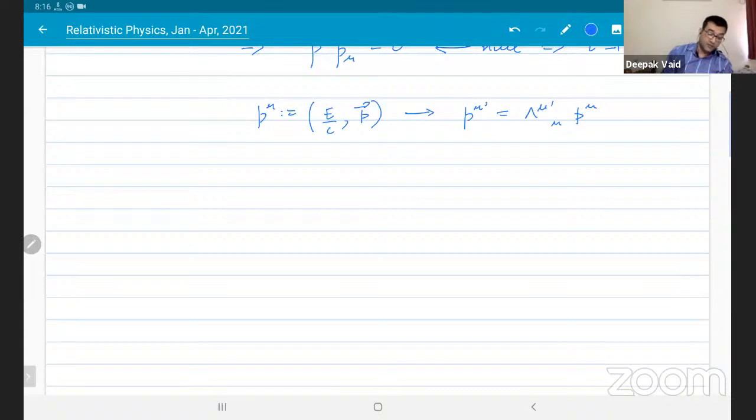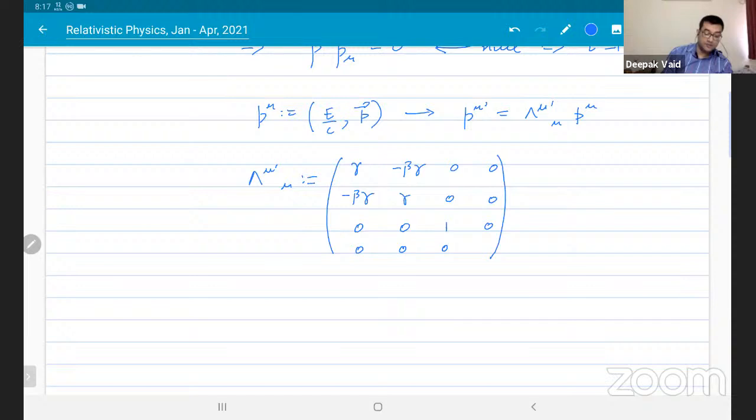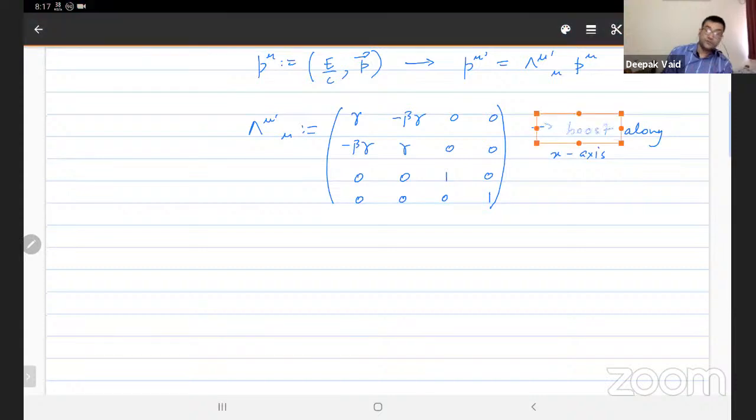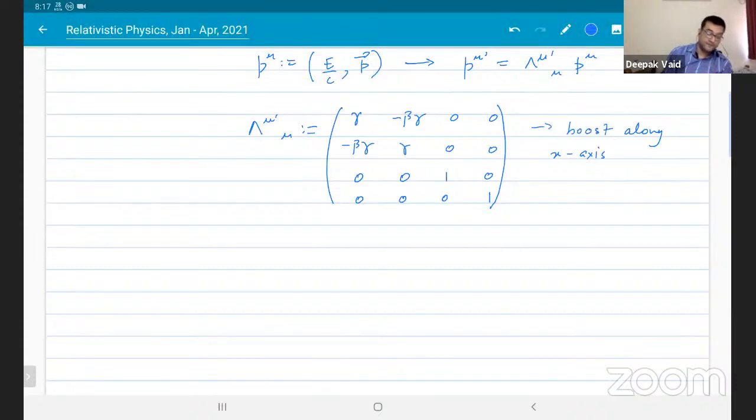Under some Lorentz transformation given by this matrix lambda. And let's take this matrix to correspond to, again, our usual boost in the x direction, boost along the x axis, right? So boost means change of velocity, right?